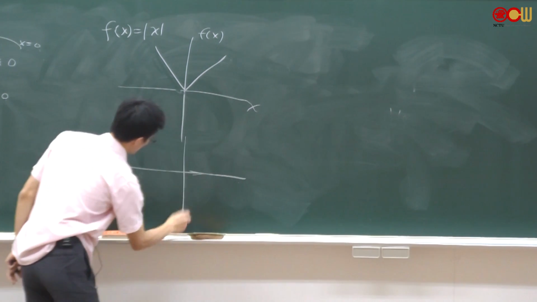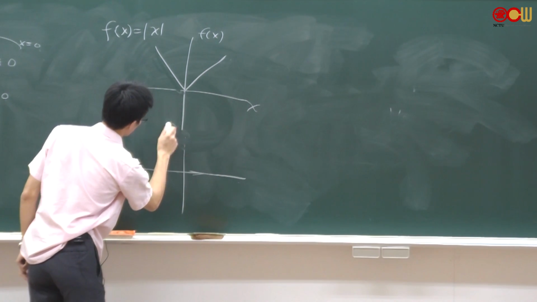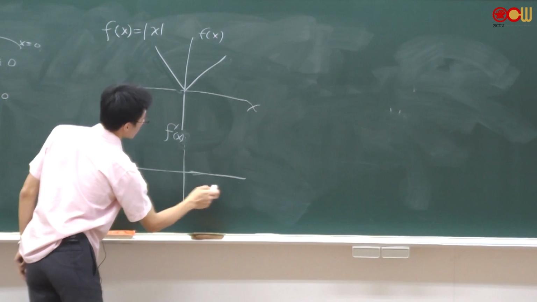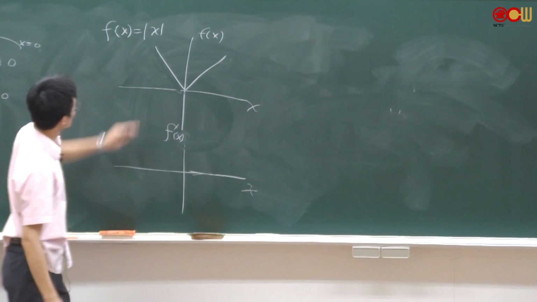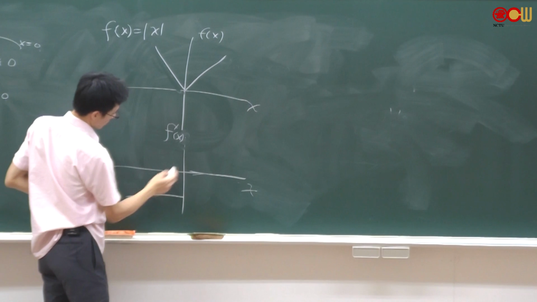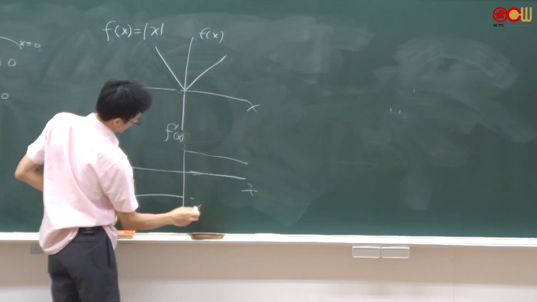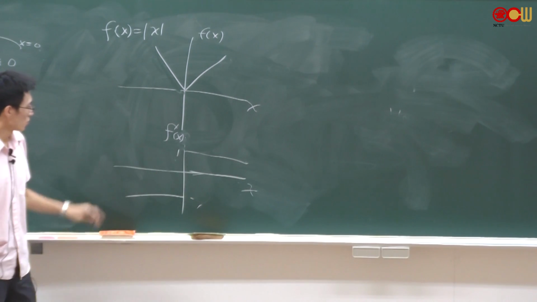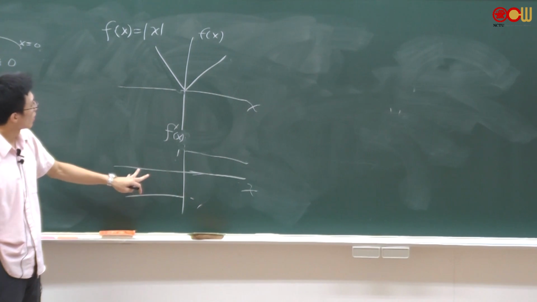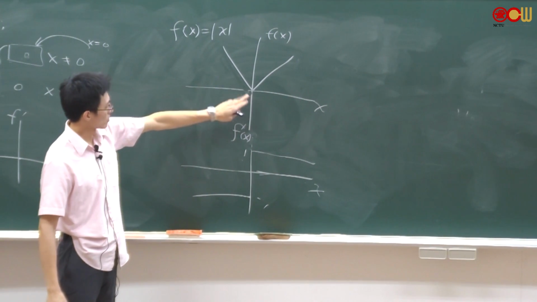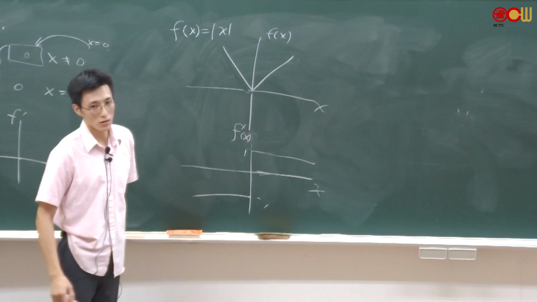And its derivative is what? Here is -1. Here is 1. Okay, so it's not continuously differentiable. And it's differentiable everywhere, but not at 0.